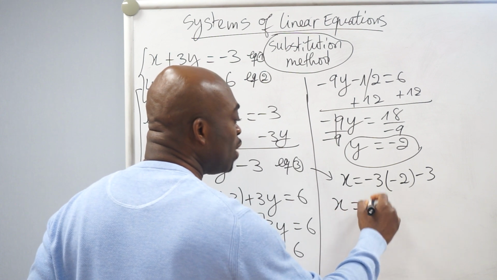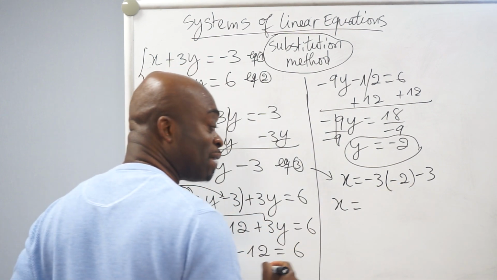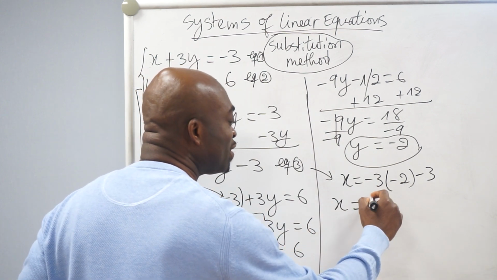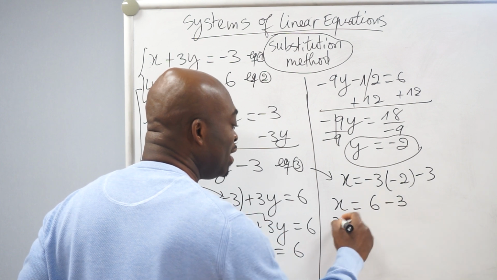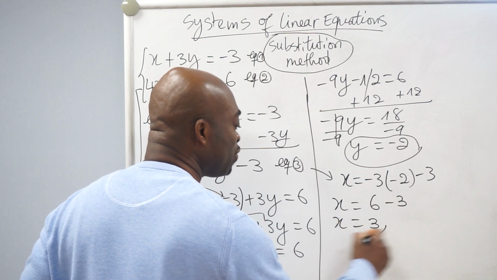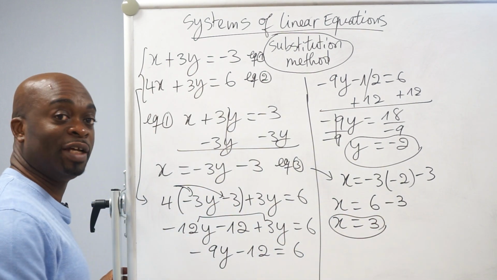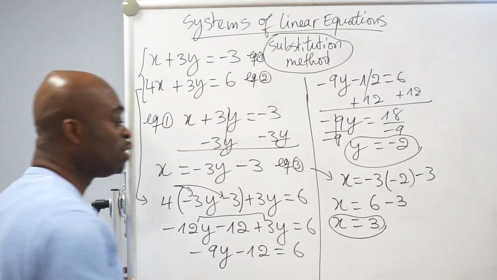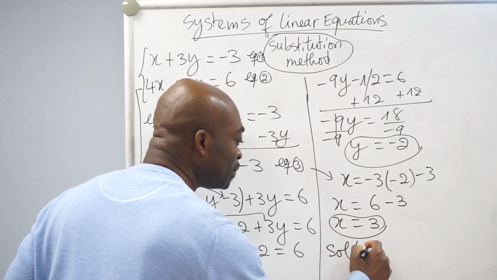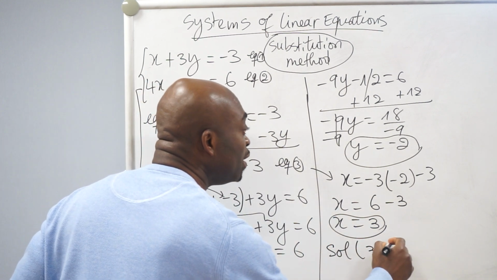Negative 3 times negative 2 is positive 6, and 6 minus 3 gives us positive 3. So x equals 3, y equals negative 2. Our solution is positive 3, negative 2.